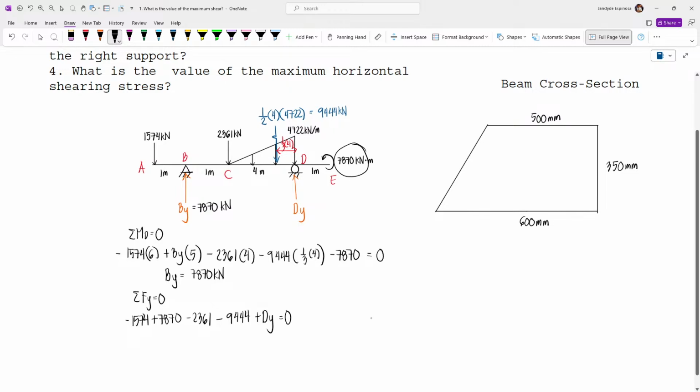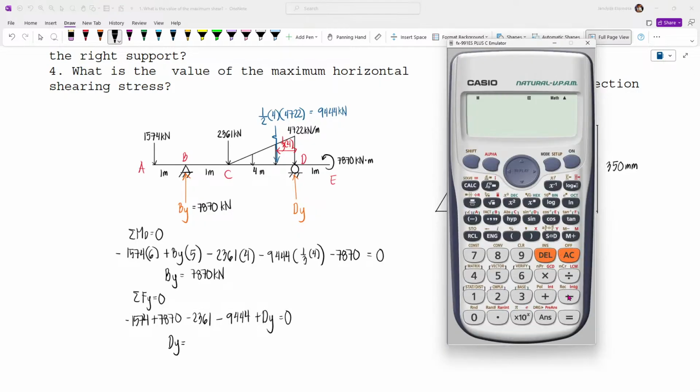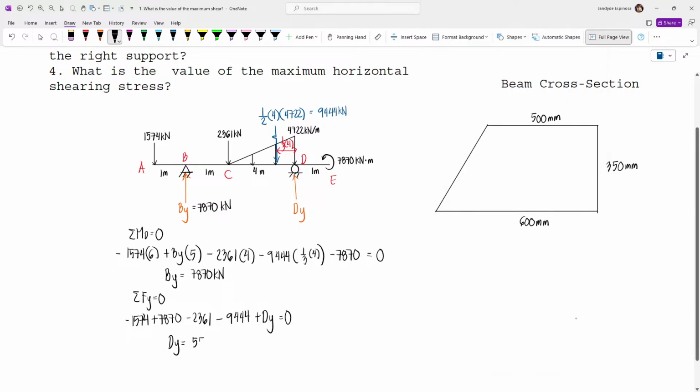Again, the moment load is excluded because it is not a vertical load. So we can now solve DY. Minus 1574 plus 7870 minus 2361 minus 9444 plus DY equals 0. We get 5509, and this is in kN.